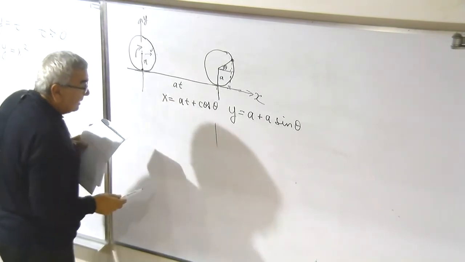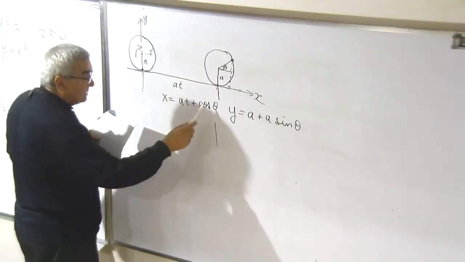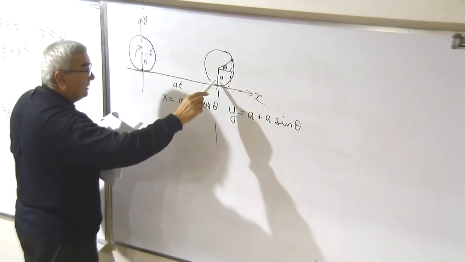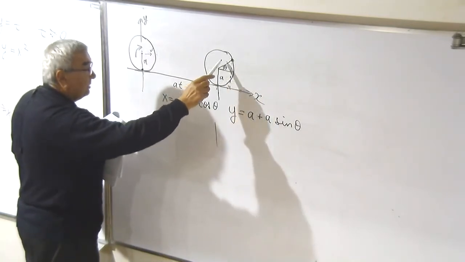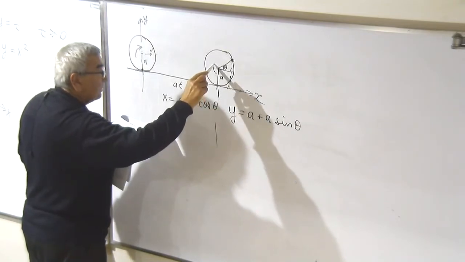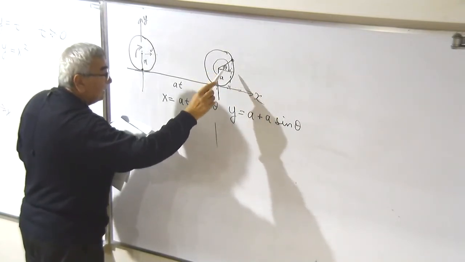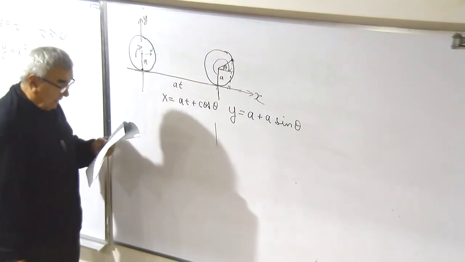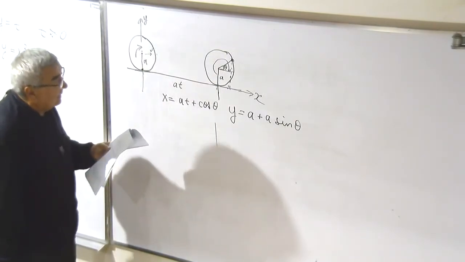Therefore here is a t. Now it is necessary to find theta, because theta changed: initially theta will be small and then larger. What will be the total angle? The total angle will be equal to 3 by 2 pi.